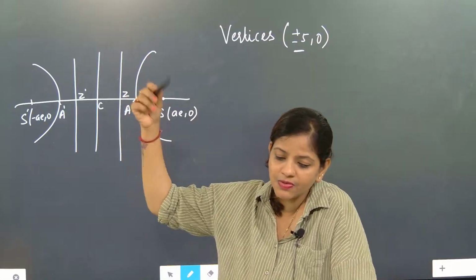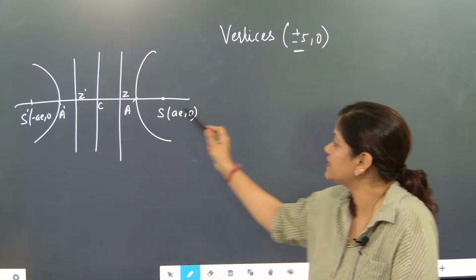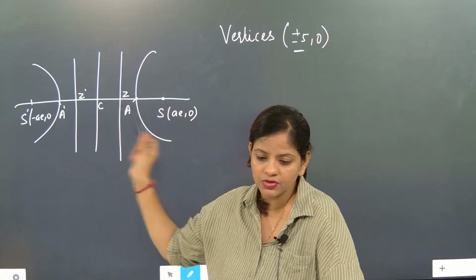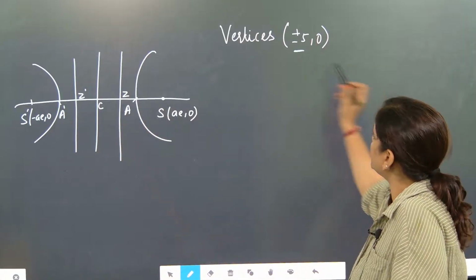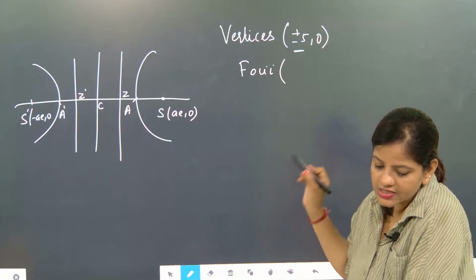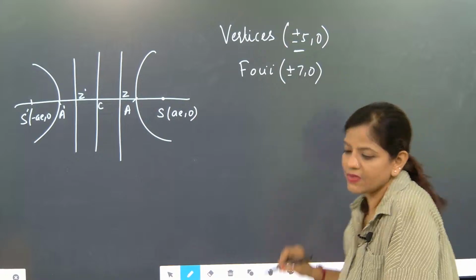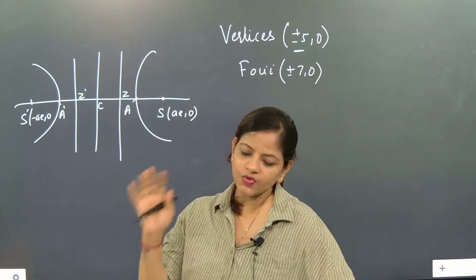If first section plus minus 5 is written, it means that the hyperbola is resting on x-axis. Understood? And then beta, they told that the foci given to you is plus minus 7 comma 0. Understood? Plus minus 7 comma 0 is foci given to you beta.